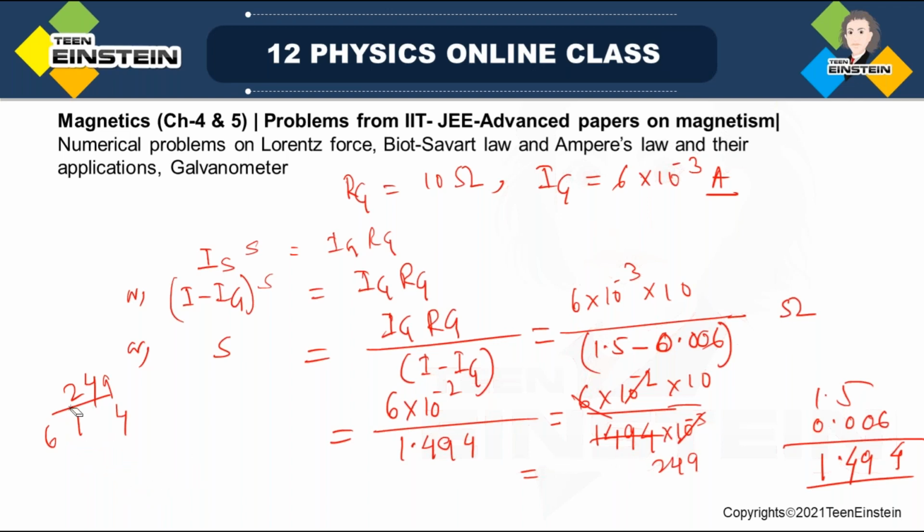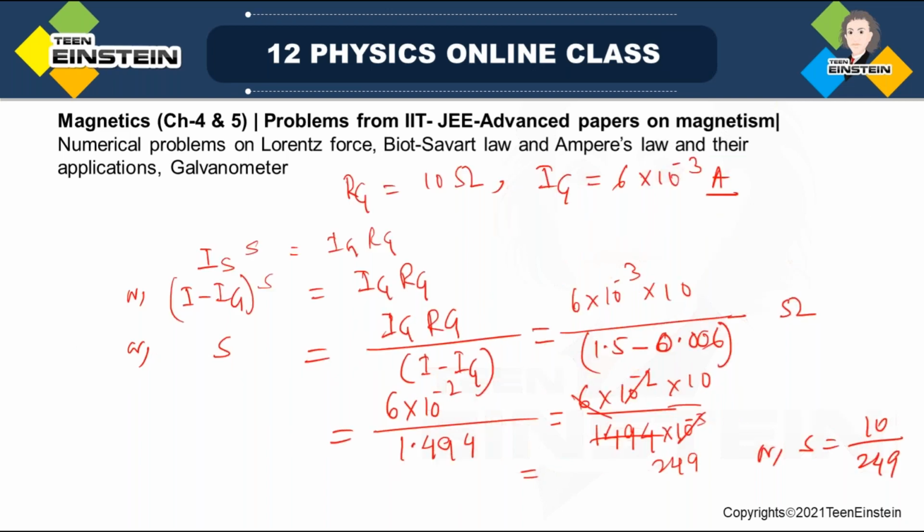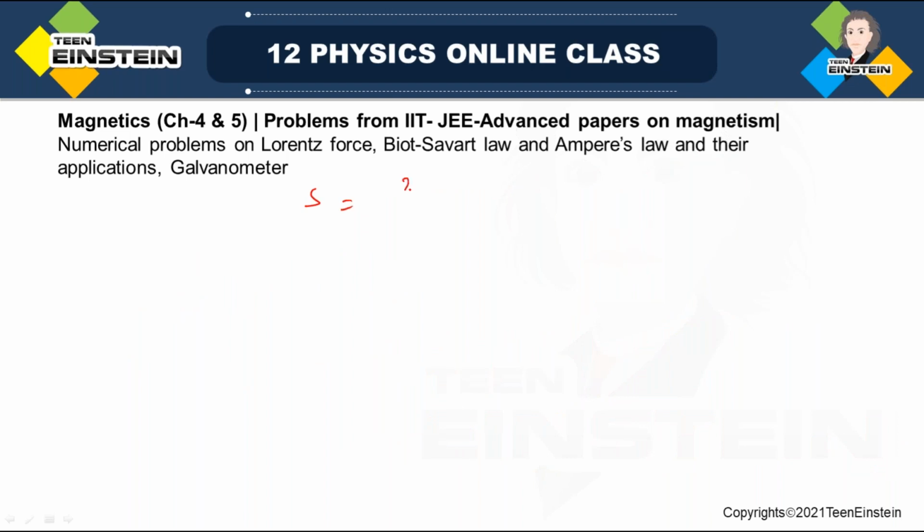So finally what we have got is s, or s is equal to 10 by 249. See what was given, 2n by 249. So we have got actually s as 2 into 5 by 249, and it was given as 2n by 249.